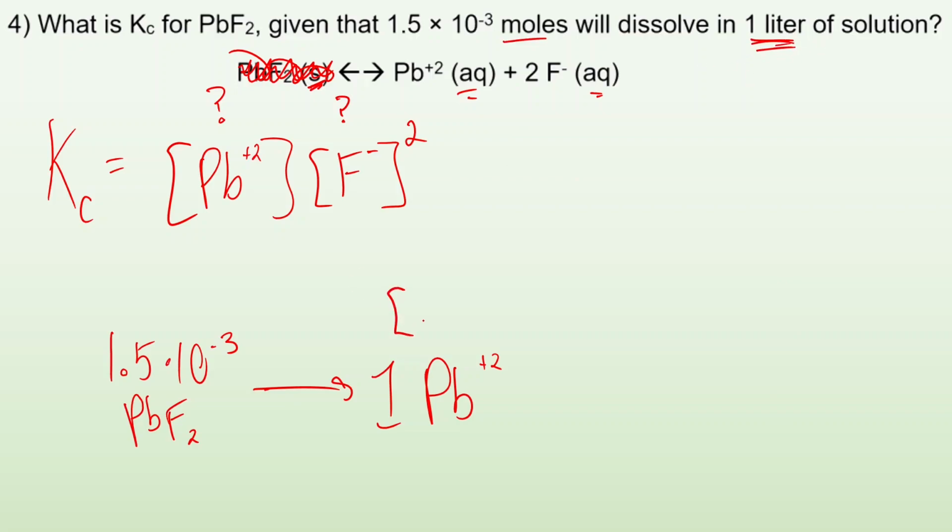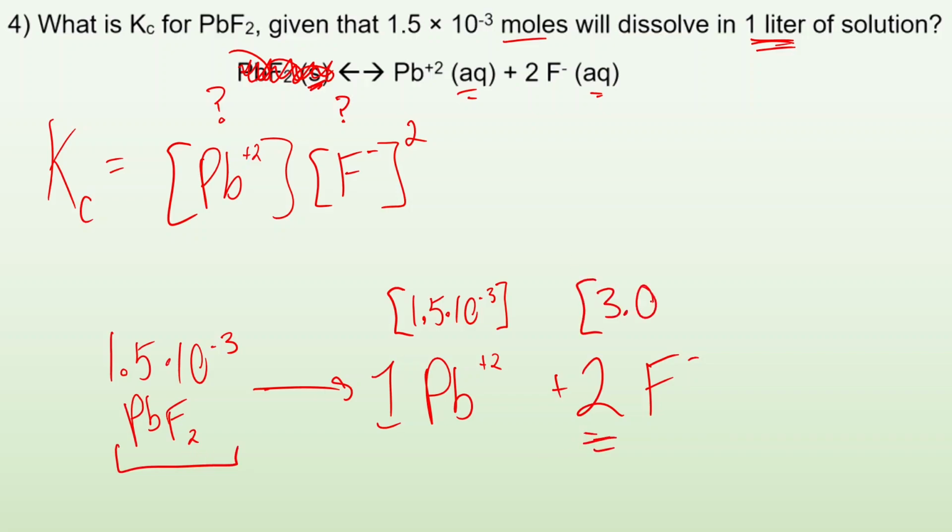So the concentration of this Pb plus 2 is going to be 1.5 times 10 to the minus 3 molar. And then I get 2 fluoride ions. So the concentration of the fluoride ion is going to be twice as much as my lead ion. For every one of these I dissolve, I get 2 fluorides. So the concentration of that is actually going to be 3.0 times 10 to the minus 3. I doubled it.